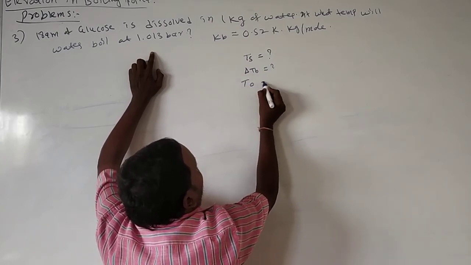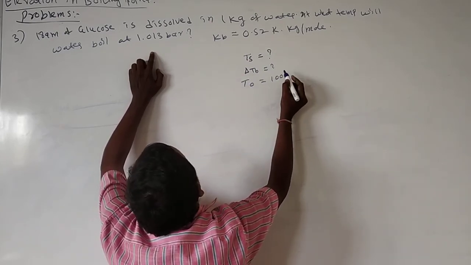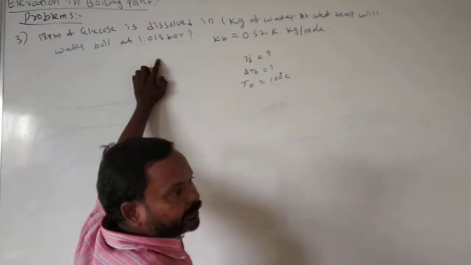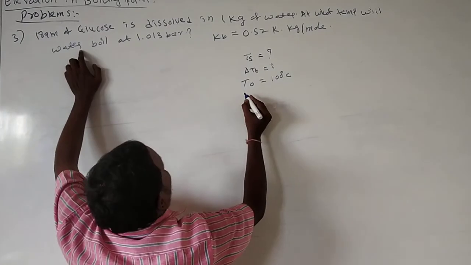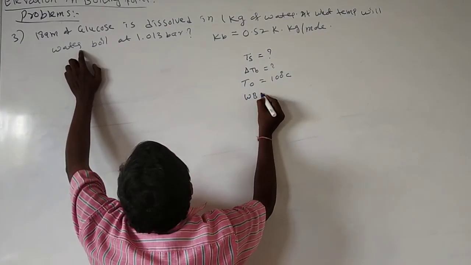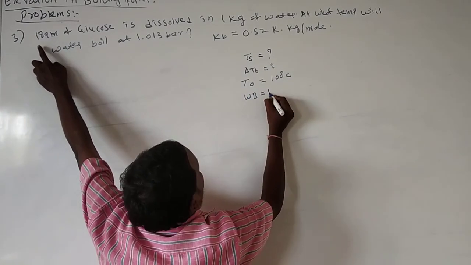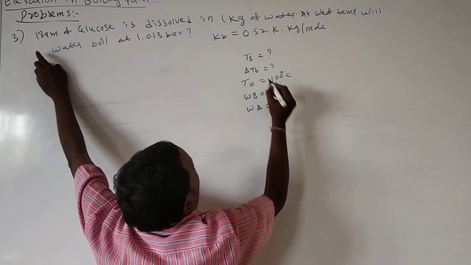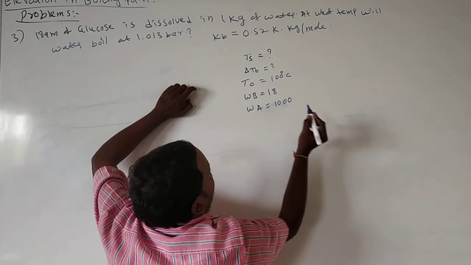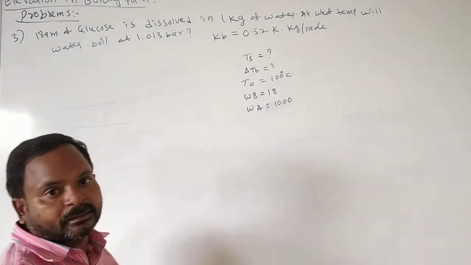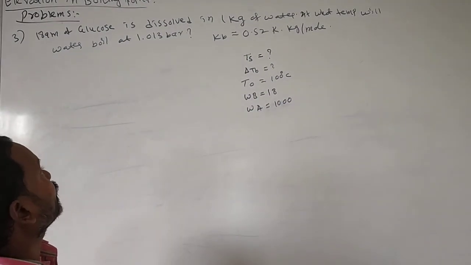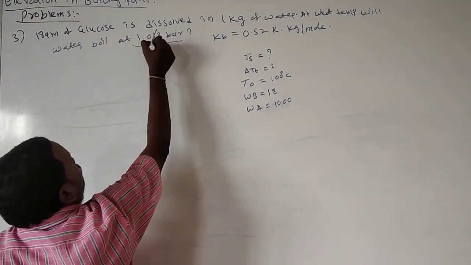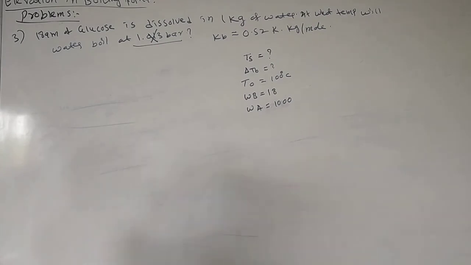T naught is 100 degrees centigrade, since it is water. Next, Wb is 18. Next, Wa is 1 kg, convert it to 1000 grams. This is the data. Here pressure is given, but we need not use the pressure.